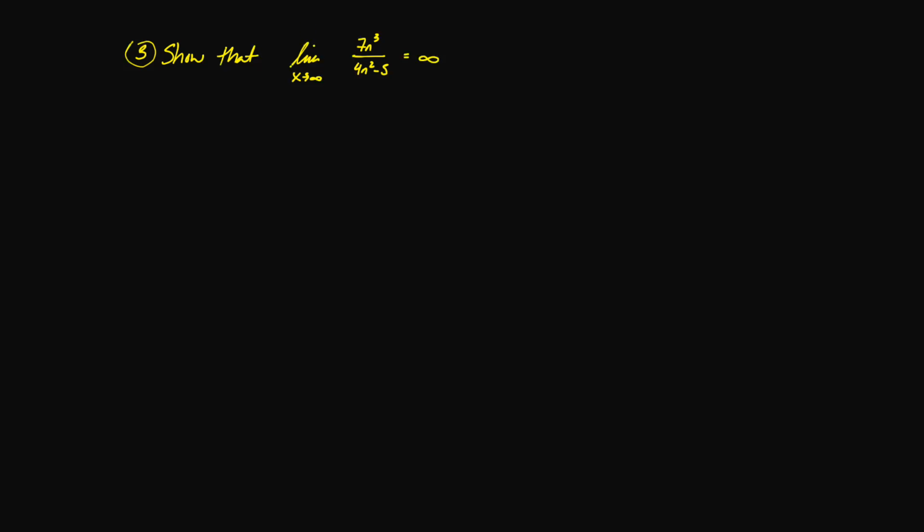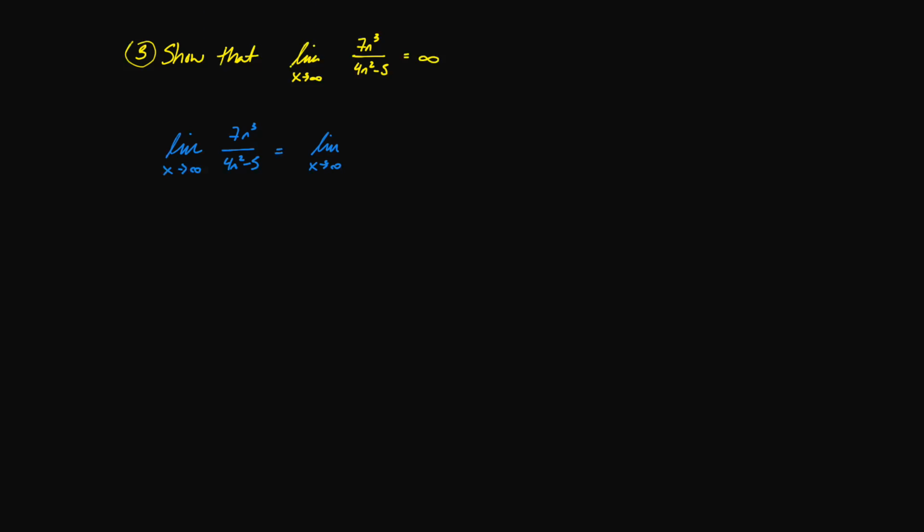So before I plug in positive infinity, I have 7n cubed over 4n squared minus 5. What I'm going to do is take out the n squared. I'm going to divide each and every term by n squared.